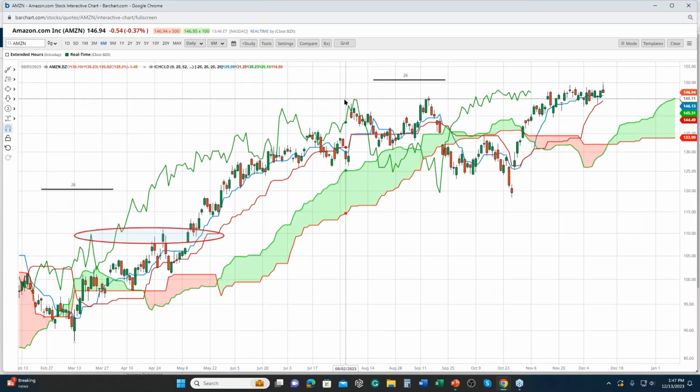And you can see we're kind of right in that area right now. So if we broke above this peak high, that would be a confirmation that our momentum is positive again, as price probably breaks out of this particular range.